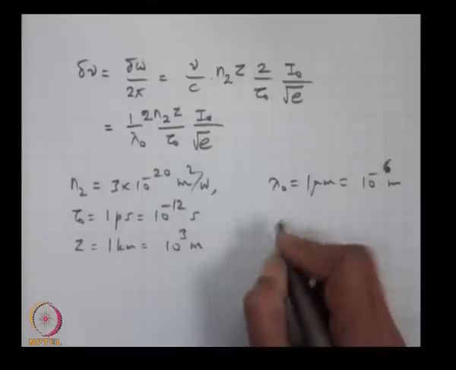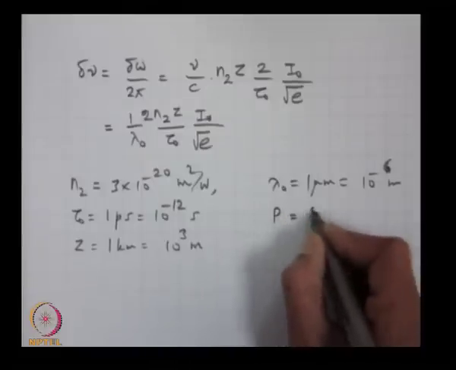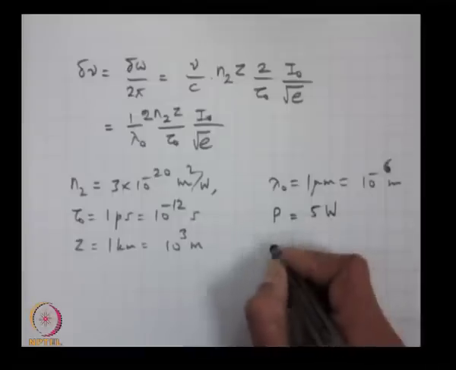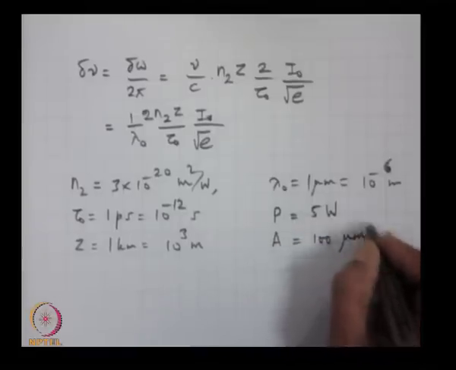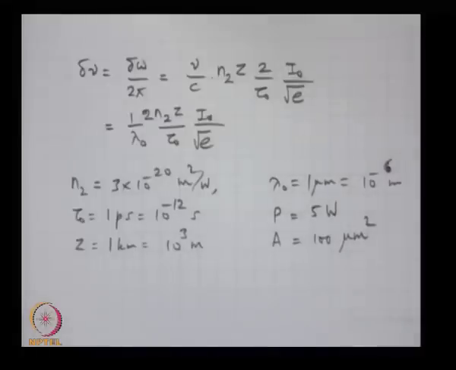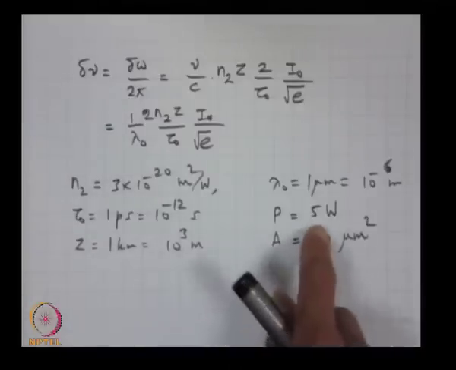And let me assume a power of say 5 watts, an area of cross section which is 100 micrometer square. These are some numbers typical of optical fibers. If you launch light into an optical fiber, the cross sectional area of the beam is about 100 micron square, and I can launch 5 watts of power into the fiber.